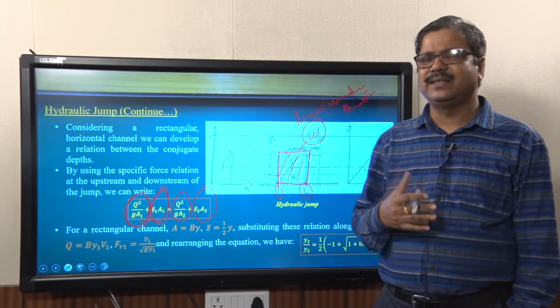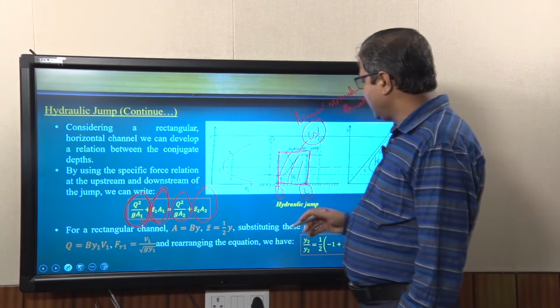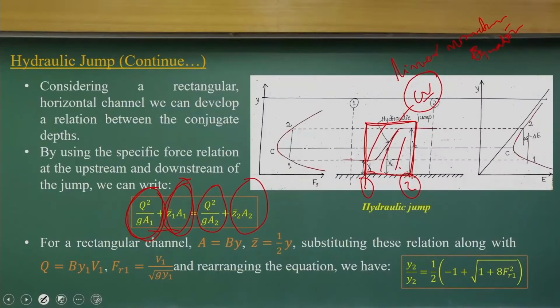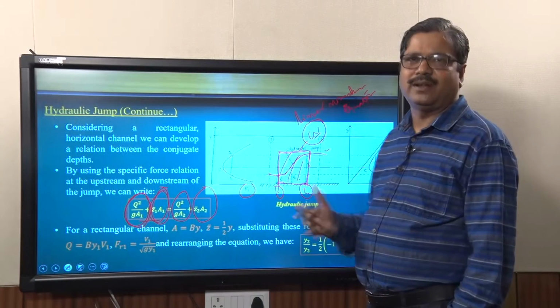So that indicates that if I consider a free surface flow with a hydraulic jump, we can easily find there are no other significant forces. So we can use a very simple concept: the specific force at section 1 and section 2 should be equal.